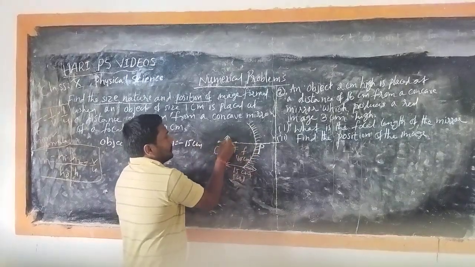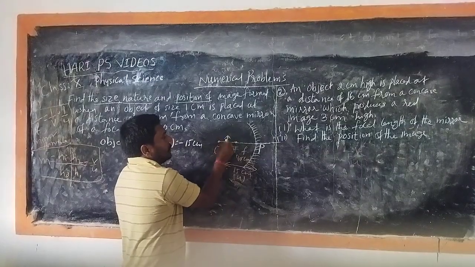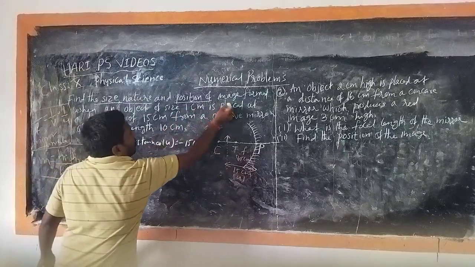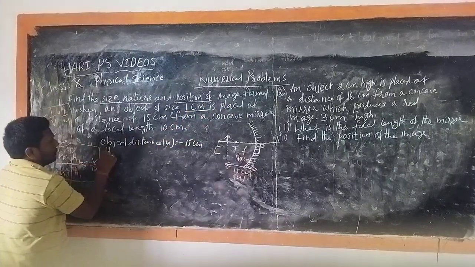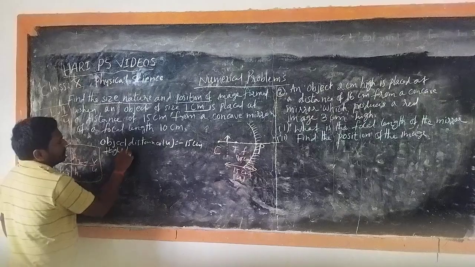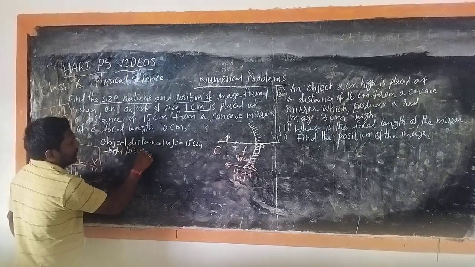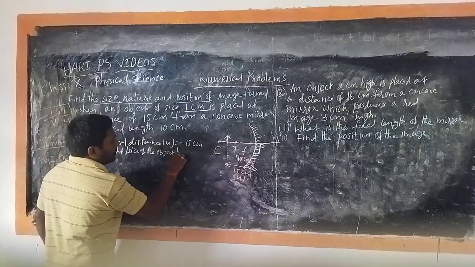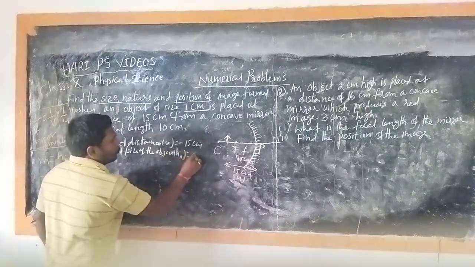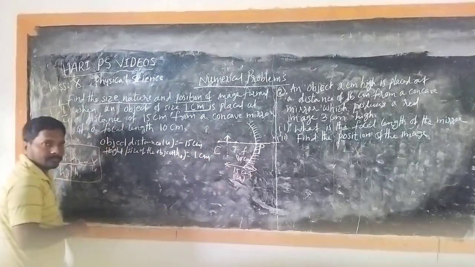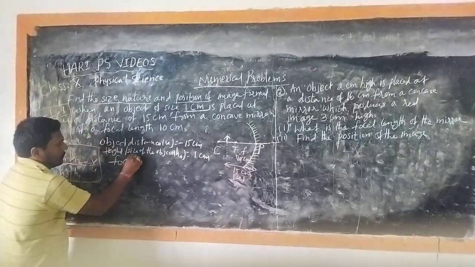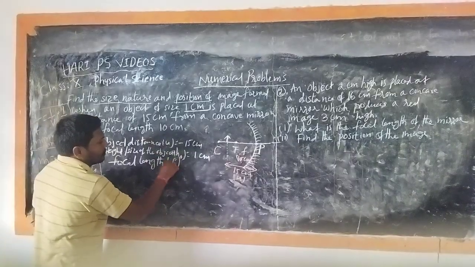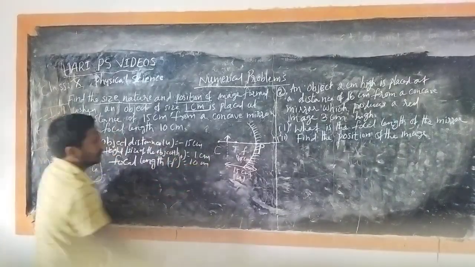Right? So what is the height of the object here? 1 centimeter. The height or size of the object, h0 or h1, no problem, is 1 centimeter. Then the focal length f is equal to 10 centimeters.